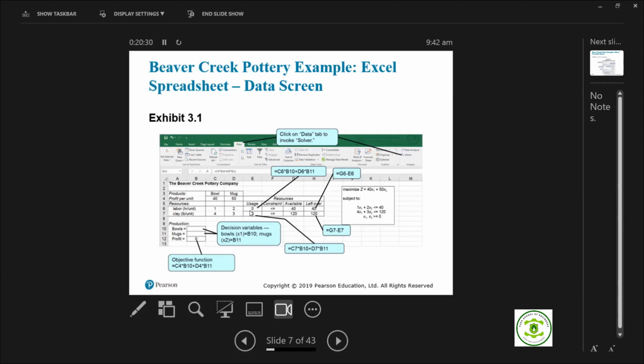So go to data. Once you are on this page, go to data, and then click on solver. Just click on it once. The active cell, where should the active cell be?